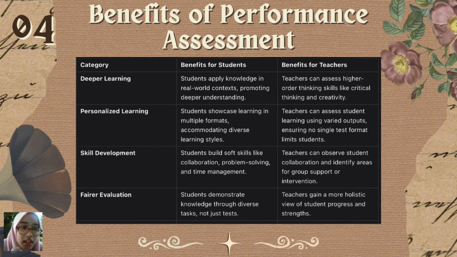Next, comprehensive evaluation. Benefit for students: students receive feedback on a range of skills, not just academic knowledge, while teachers assess a broader range of skills like creativity or critical thinking.